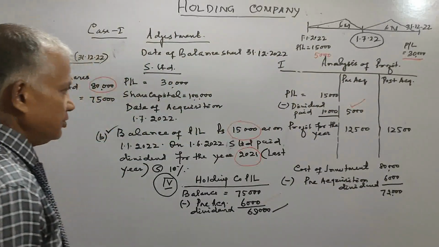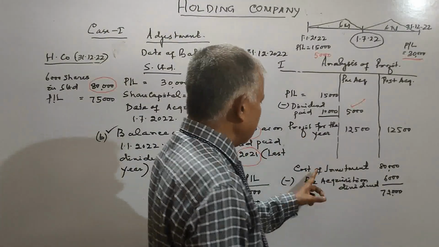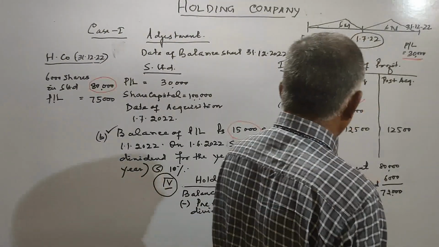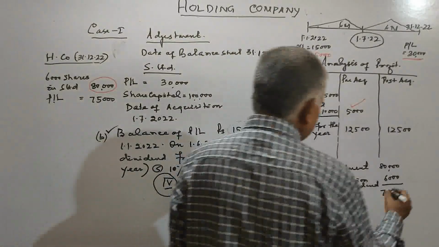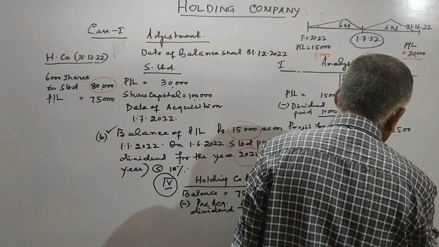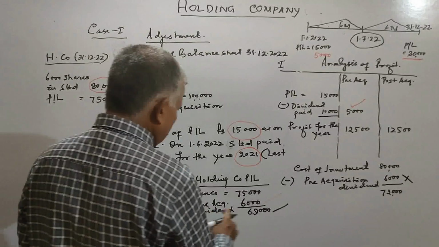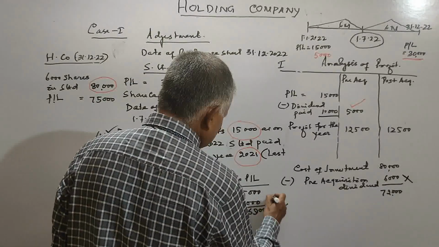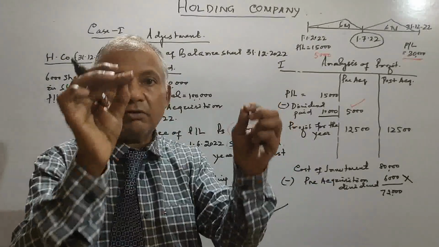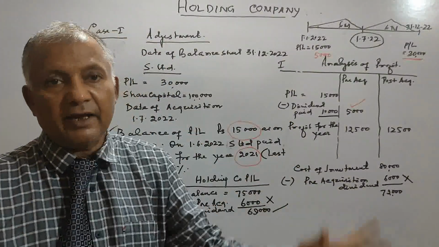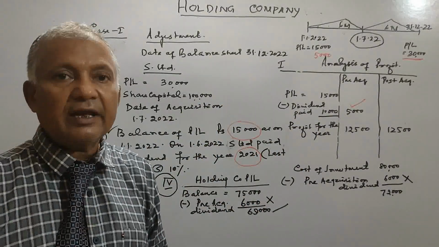This is the distribution. And if the company has correctly entered the investment, that is pre-acquisition dividend, you need not have to less it here. And you need not have to less it here also, because the cost of investment has correctly been credited, right? Cost of investment reduced correctly.